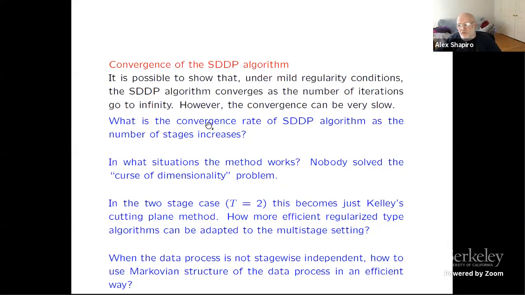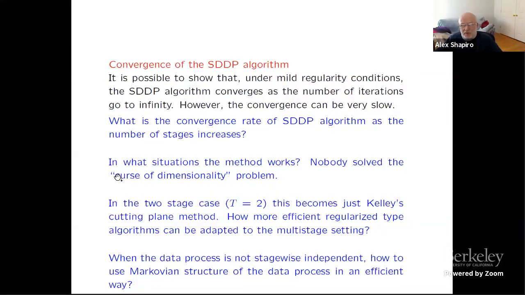But what is the convergence rate? From empirical observation, it seems that the complexity grows maybe not exactly linearly, but more or less not much with the number of stages, but it obviously grows badly with the dimension of the state. Some papers were recently published that try to address that. We shall see. So when does it work?